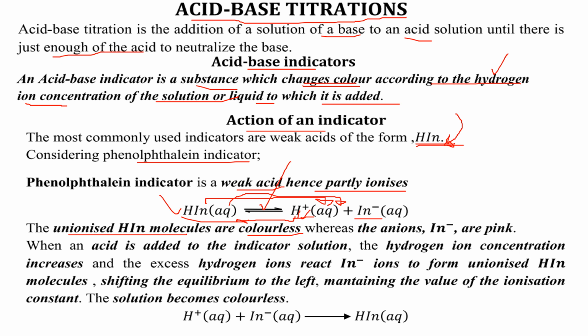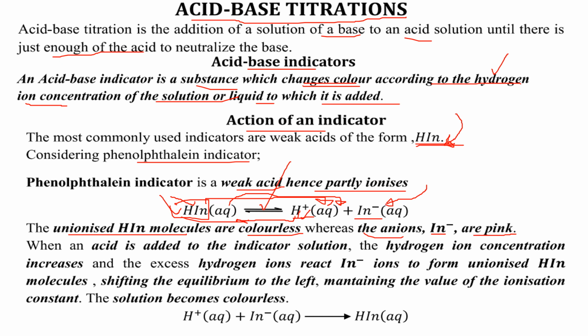And if the anions of IN, I'm going to call them the IN ions, exist in excess, the solution is going to be pink. So take note that if you have excess HIN, the solution is mainly colorless, and if you have excess of the IN ions, the solution is mainly pink.